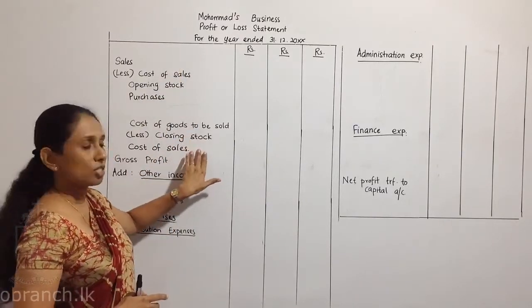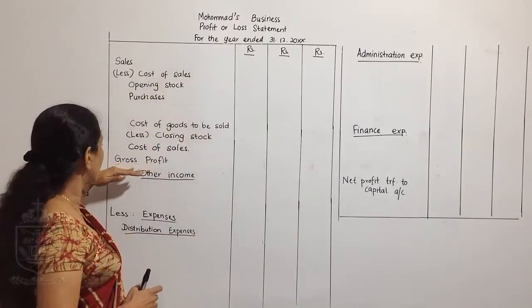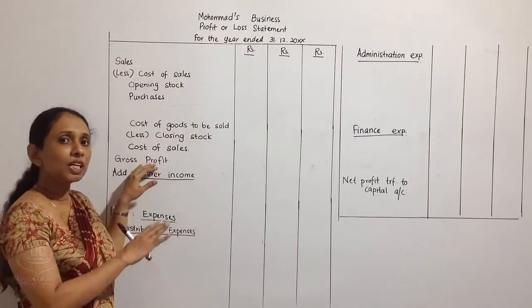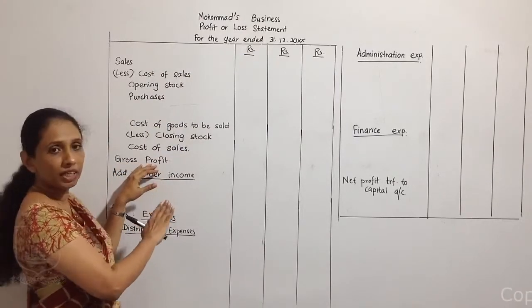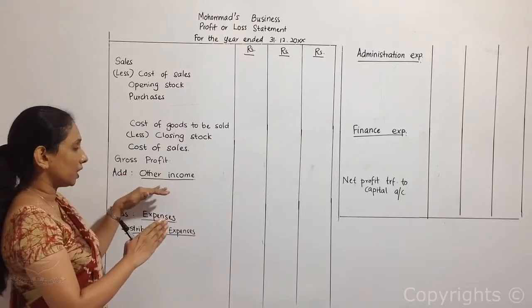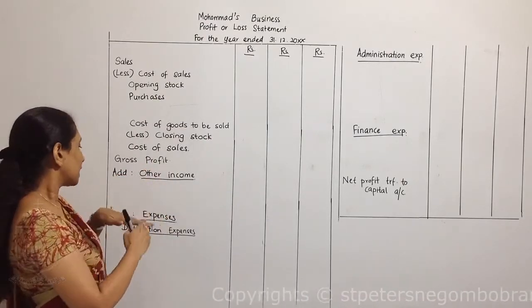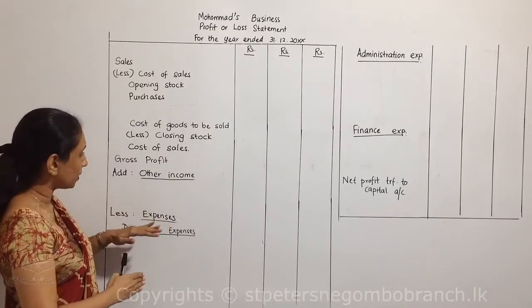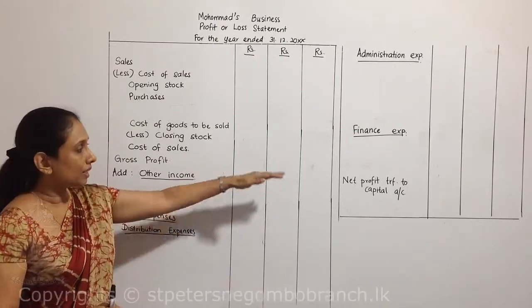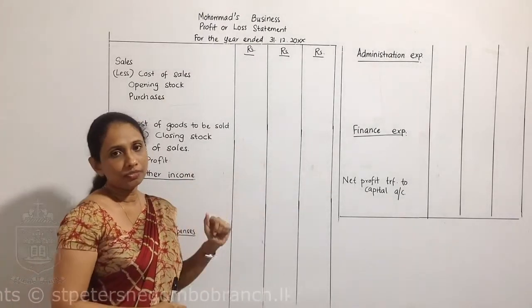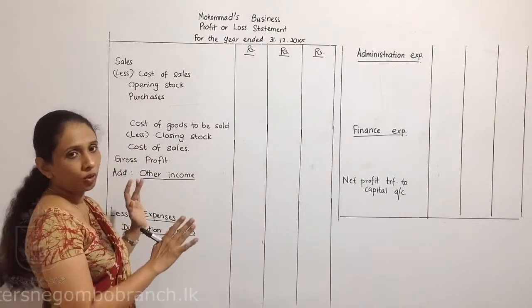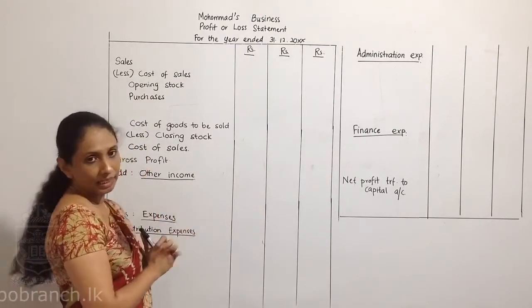By deducting the cost of sales from the sales figure, we can have the gross profit figure. I have marked everything well in advance. Thereafter, we should mention the other income figures, then the expenses to be deducted from that. Finally, we have the net profit figure for the period. So now our format is ready.